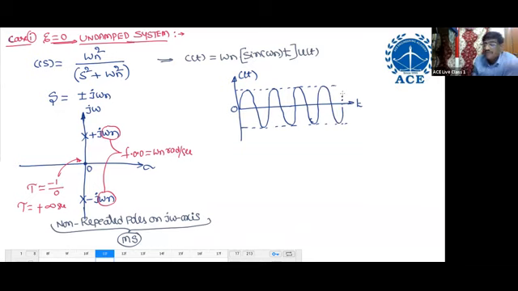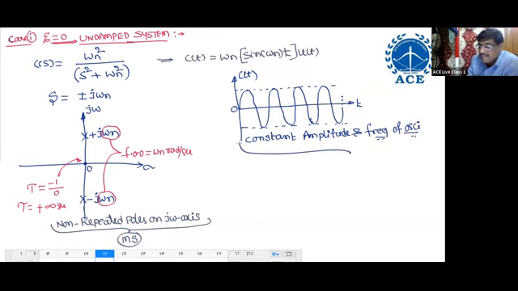So this is the sinusoidal oscillations. These are called constant amplitude. Constant means constant peak amplitude and constant frequency of oscillations, which are called undamped oscillations.